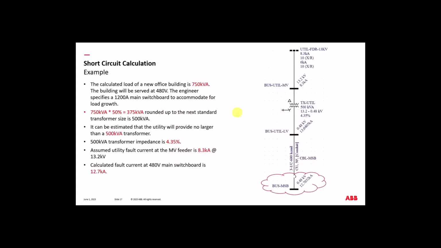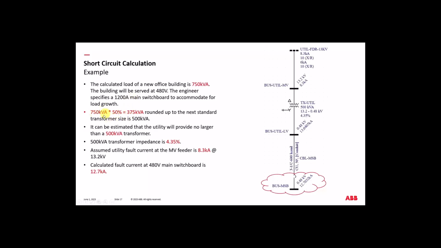Now I ran through an example of a short circuit calculation, beginning from a blank sheet of paper where you have to design the building. It runs off the same example we were talking about before. You calculated an office building load of 750 kVA at 480 volt, and you specify a 1200 amp main switchboard.